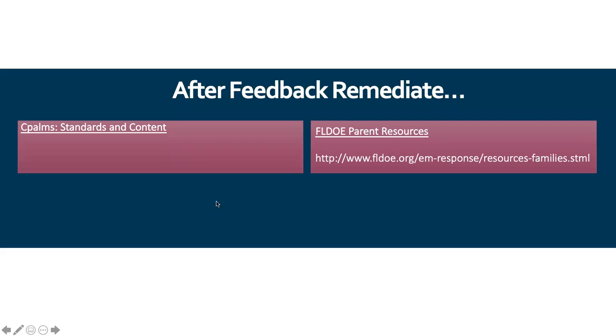I think we went over how to navigate these resources last time, but I think the big thing is after you've provided feedback, if you see the child is still struggling, still getting it wrong, they're not getting good grades on any formative or summative assessments, then we don't just ignore it and move on to the next topic.